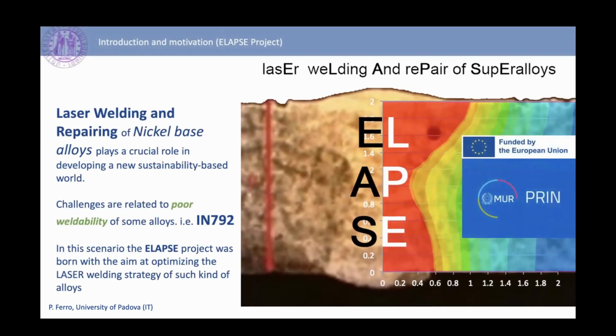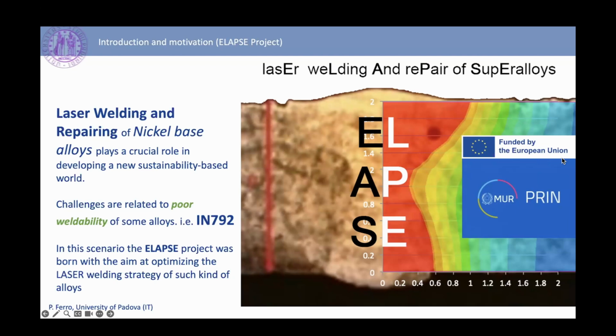In reality, this is the first part of a bigger project, a 2 years project called Laser Welding and Repair of Superalloys, that is funded by the European Union, and in particular by the Italian Ministry of Research and Universities.